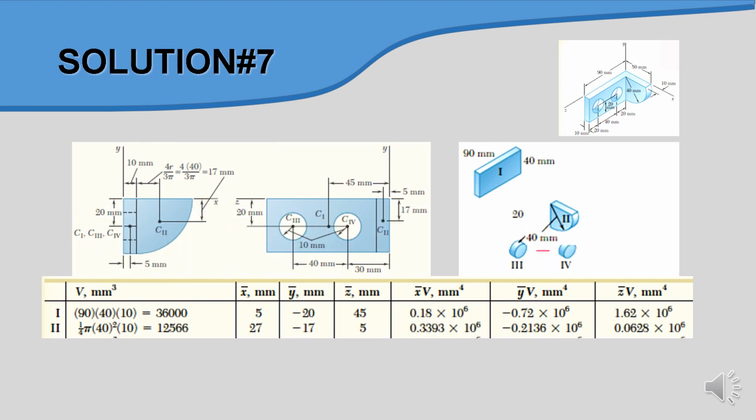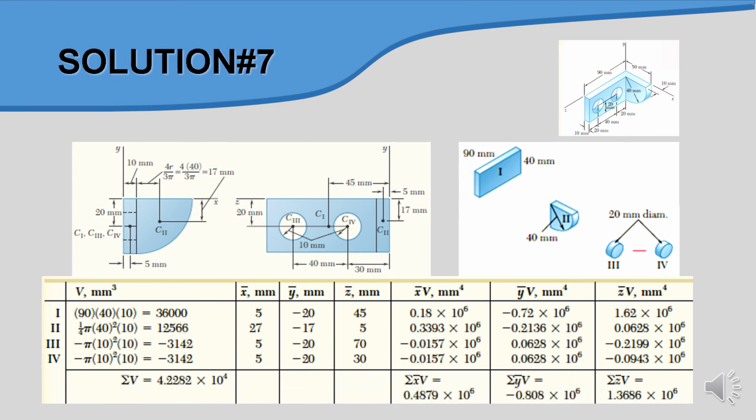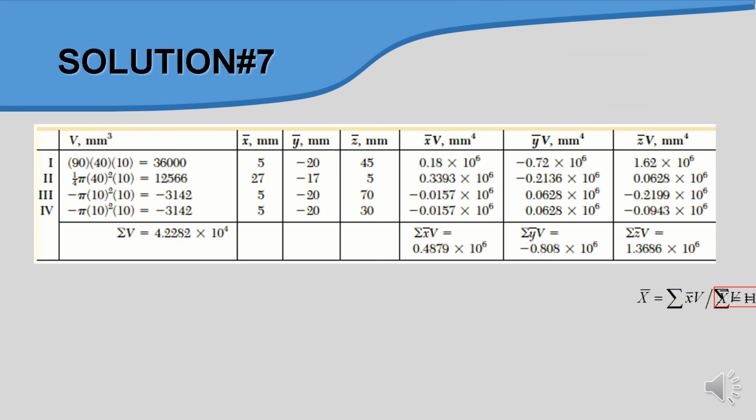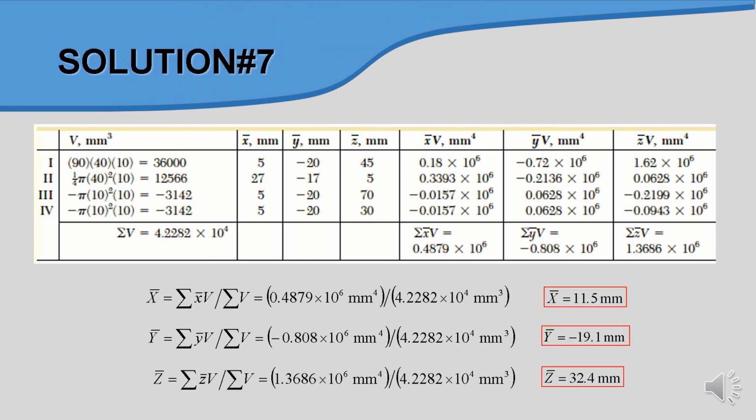Then two cylinders here, but please remember that we need to subtract the two cylinders and apply the formula, and we will get the value. And finally make a summation of all that information, the values of x bar, y bar, and z bar.